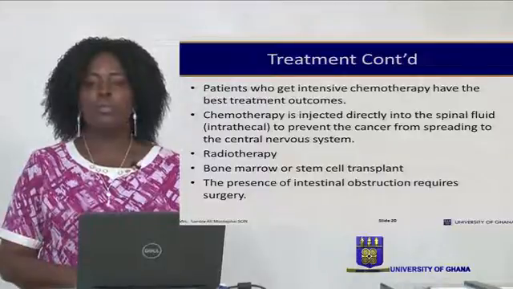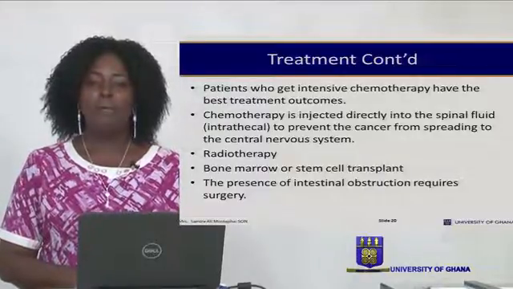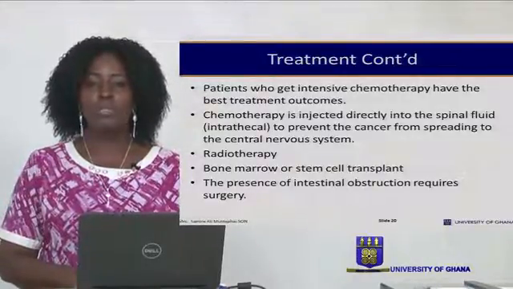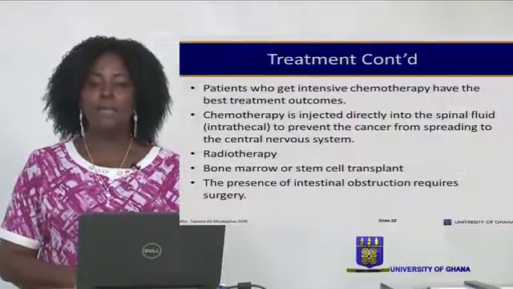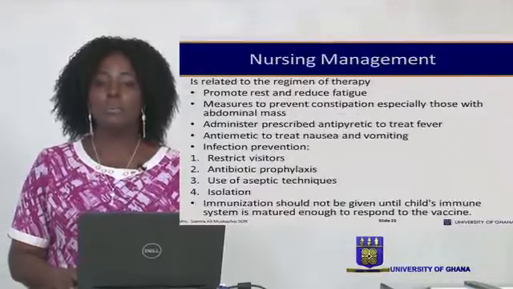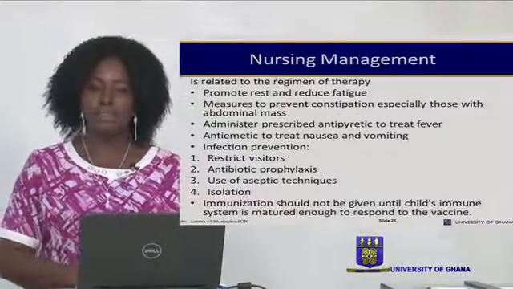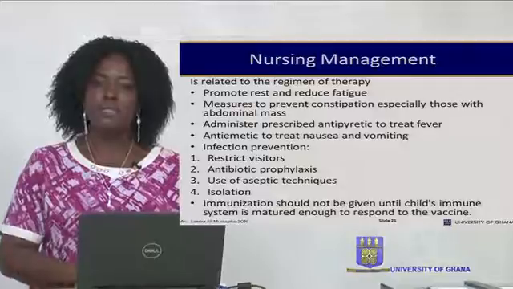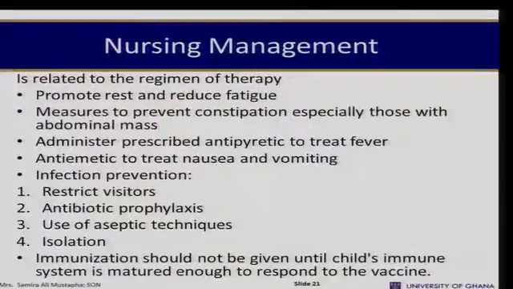And then also in cases where there is abdominal obstruction, because in sporadic we said the abdominal organ is affected, abdominal surgery is conducted. Nursing management. This is related to the treatment regime.